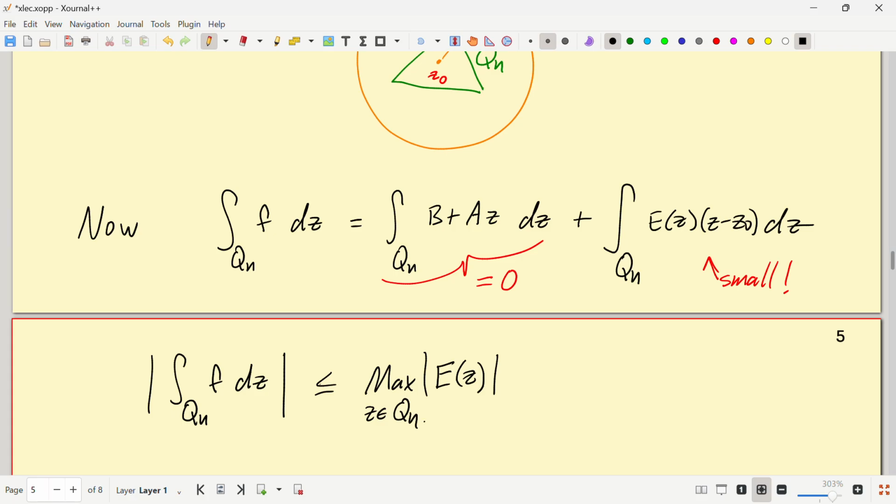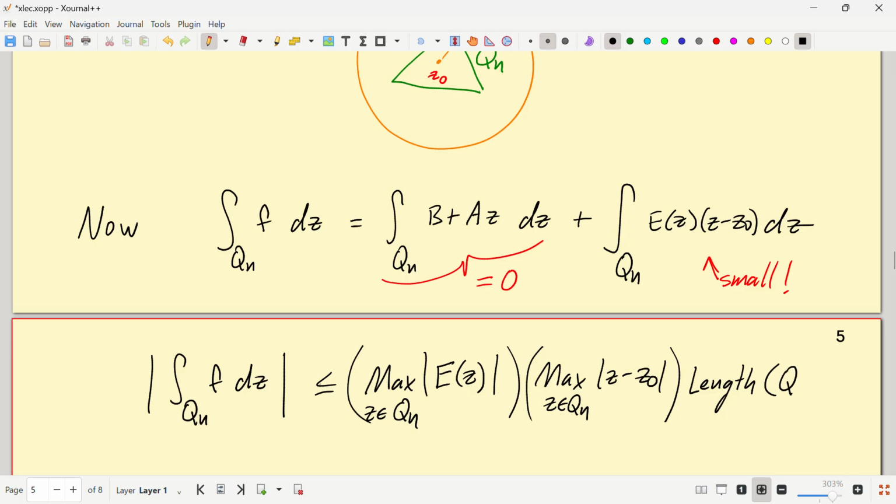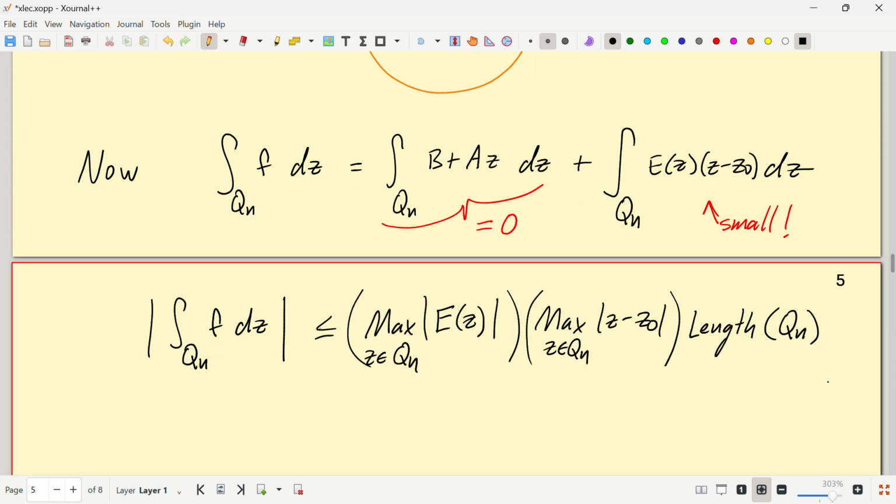In fact, it's just the boundary of the triangle, but what the heck, I'll stick in the whole thing. And then I'll get also the maximum of z minus z naught when z is in the triangle. And then I'll get the length. So I'm abusing my notation pretty badly here. Q_n stands for either triangles or boundary of triangles, or the length of the perimeter.